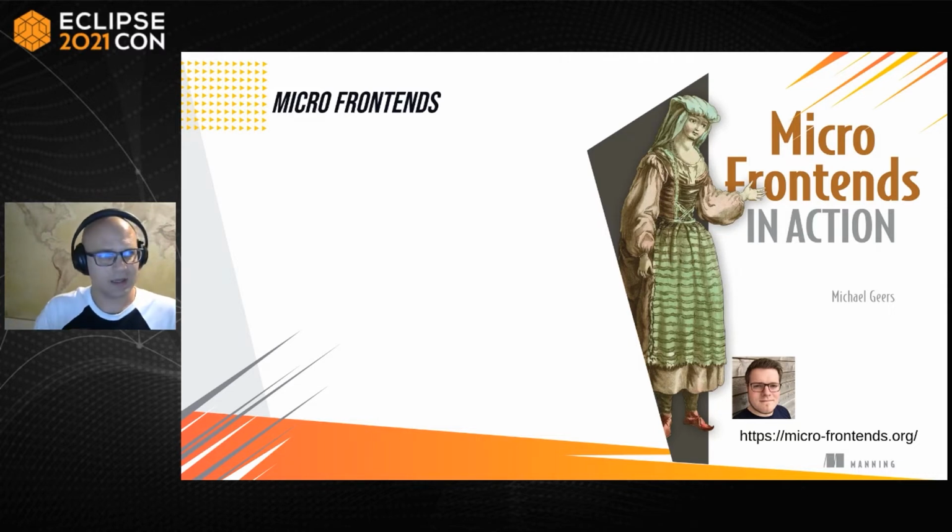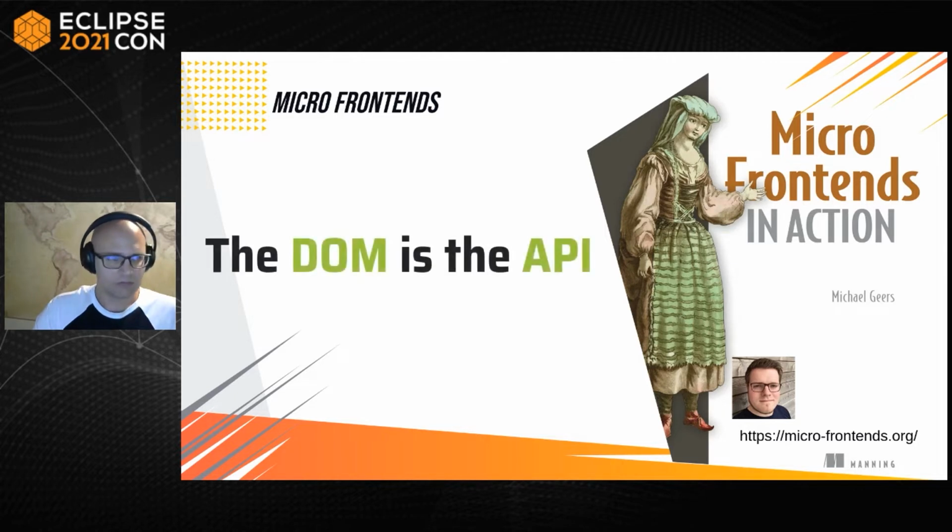The realization that I got from his site is this sentence: the DOM is the API. For me, this explains what needs to happen: previously you built an API, let's say a REST API, and that is what your consumers used. Now your consumer is going to use the DOM. So the DOM becomes the API.